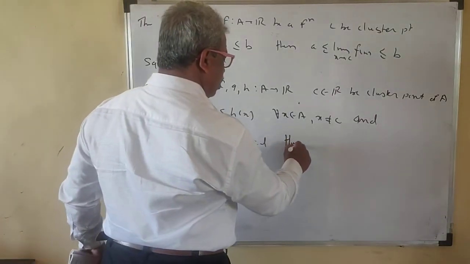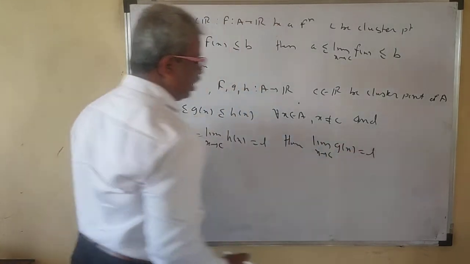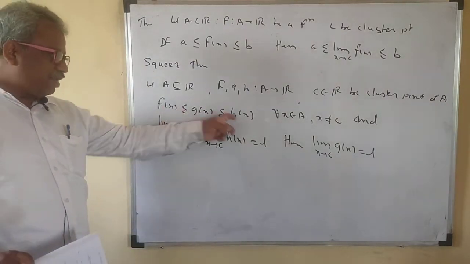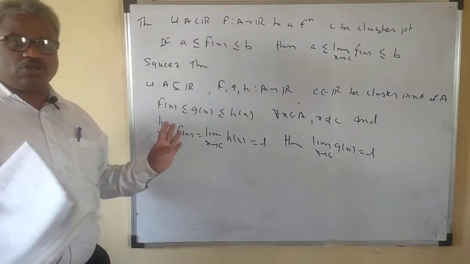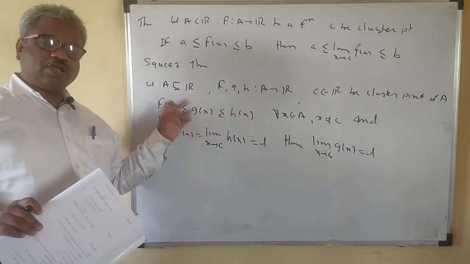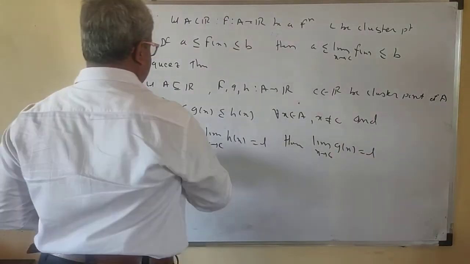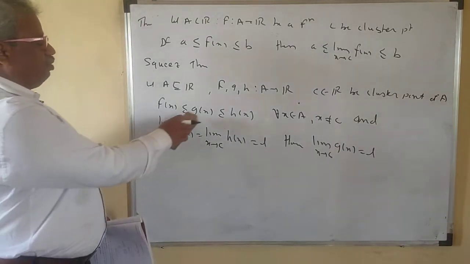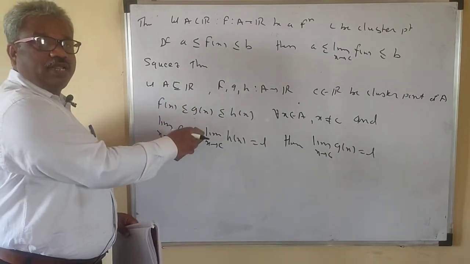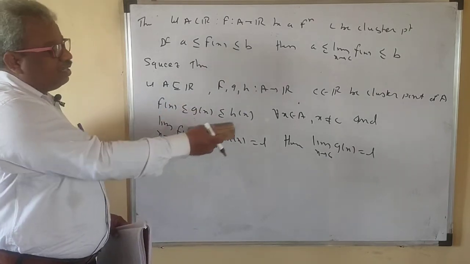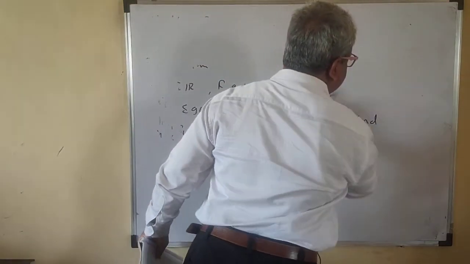Then limit x tends to C, g of x is also L. Limits are the same, the functions need not be the same, but the limits are the same. So the limit of g of x will be whatever the limit of these two is. This is the squeeze theorem. The functions may change places; whatever the function in the middle is, if the limits of the extremes are the same, then the limit of the middle one is also the same as the extreme two.